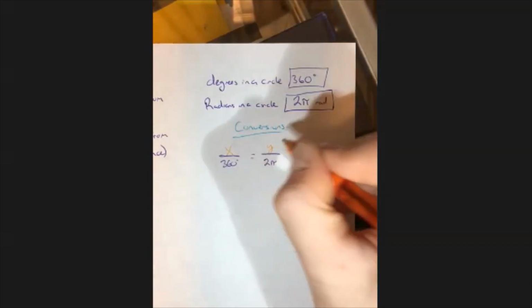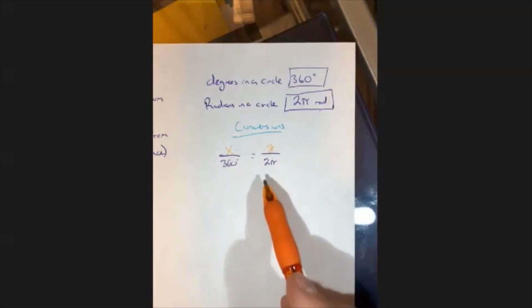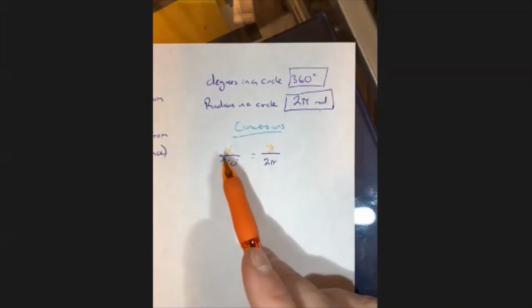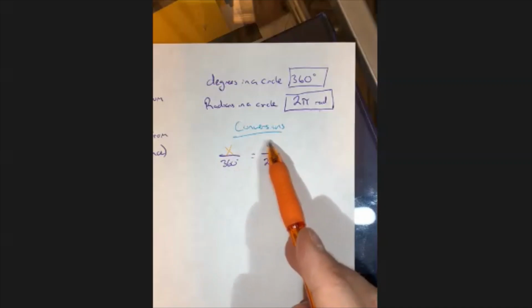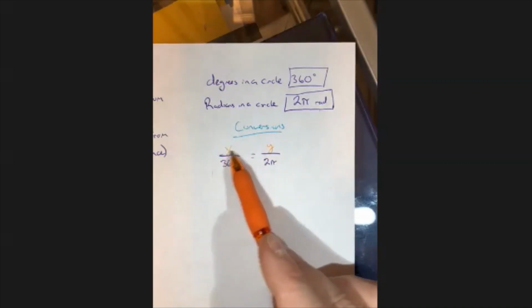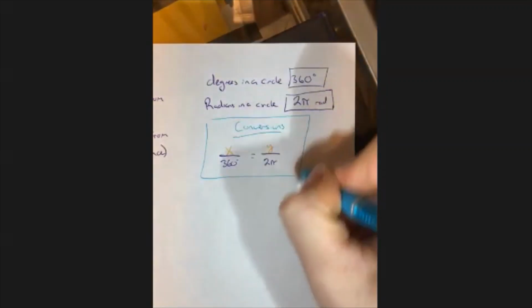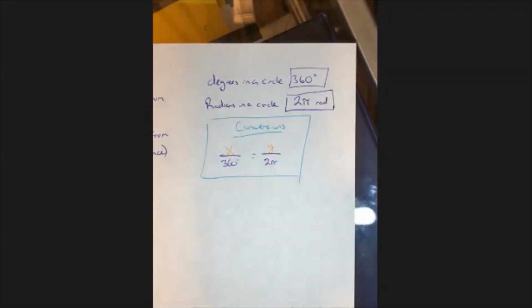And whatever value you have, let's say you have X degrees, we're going to go over to find Y radians. You plug in the one that you have and you solve for the one that you don't. So if you're switching from radians to degrees, plug in this number and you solve for X. If you have degrees and you switch over to radians, we plug in X and we solve for Y. And we're about to do some of these in just a moment. Box that up, so we know that we're going to be referencing that quite a bit.